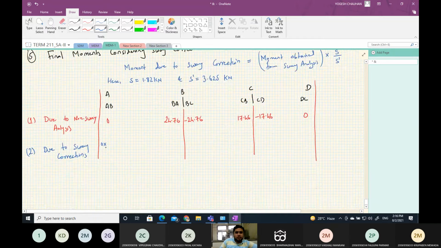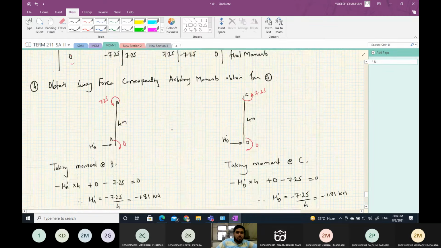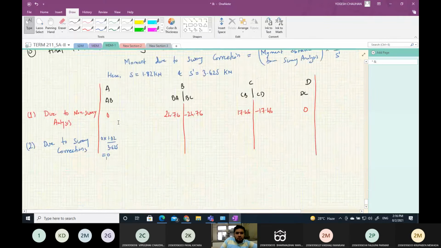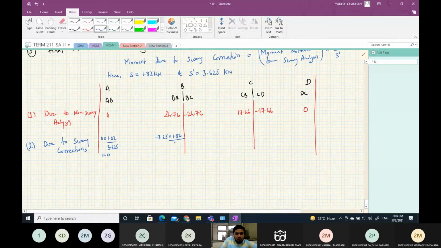So for the first moment 0, it will be 0 multiplied by 1.82 divided by 3.625, so this will be 0. Similarly here the moment is minus 7.25, so it will be minus 7.25 multiplied by 1.82 divided by 3.625.